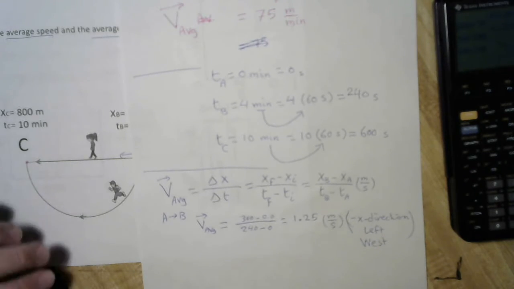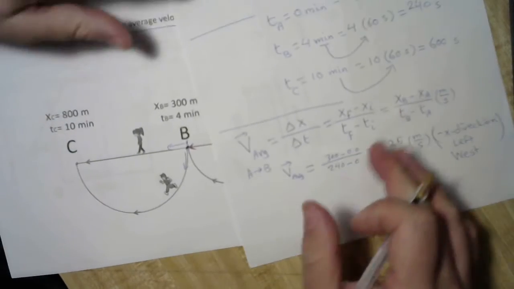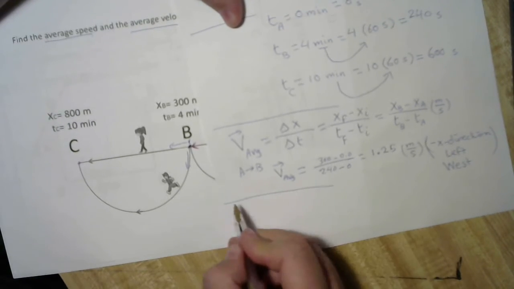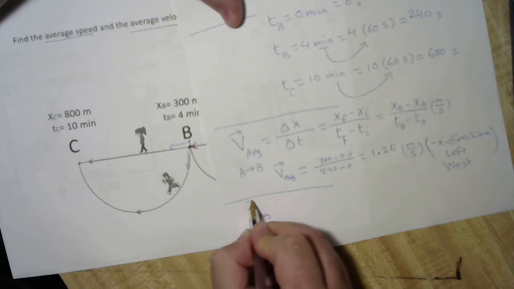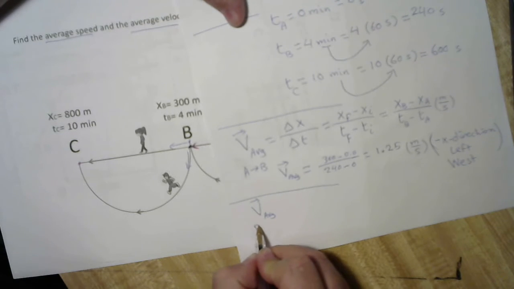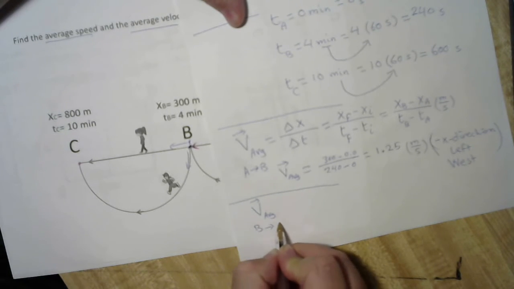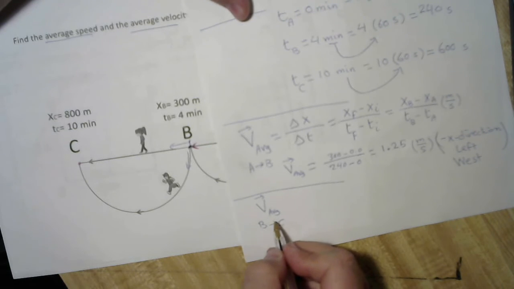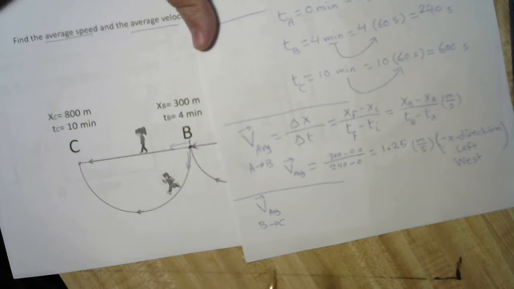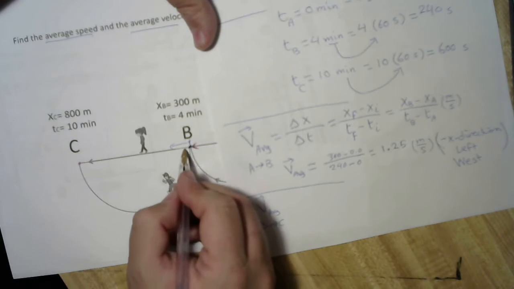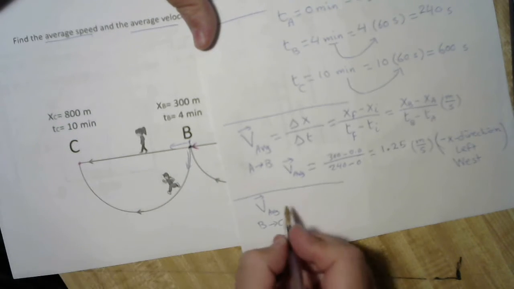Okay, now I will also compute the average velocity from B to C. The average velocity means that I calculate the velocity for the girl, not for the boy, because it is a vector quantity.